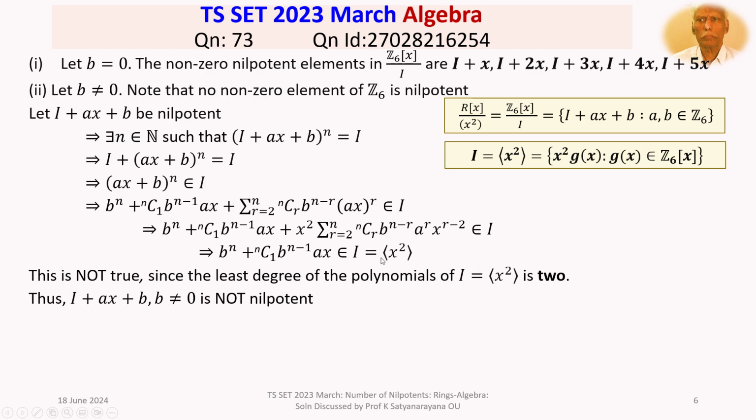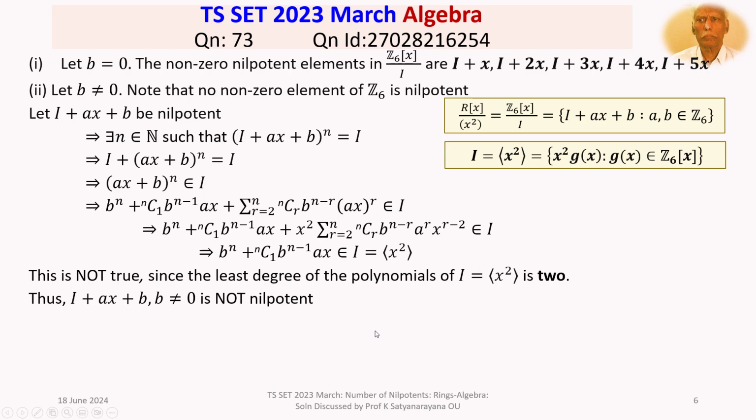Therefore this contradiction tells you that I plus AX plus B is not nilpotent when B is not equal to 0. So we have considered B equal to 0 and B not equal to 0, all the cases are over. So no element I plus AX plus B with B not equal to 0 is nilpotent.